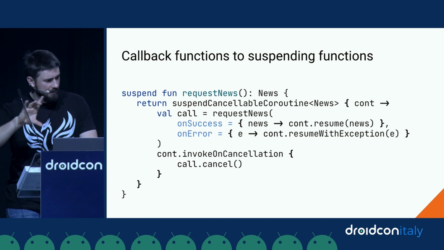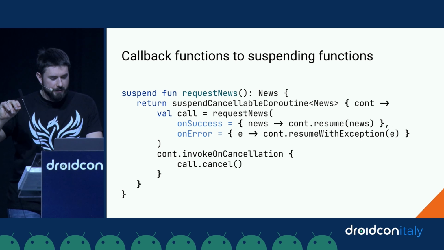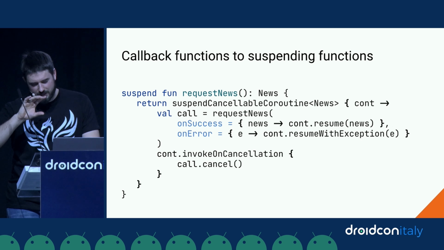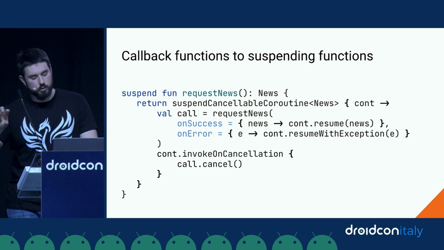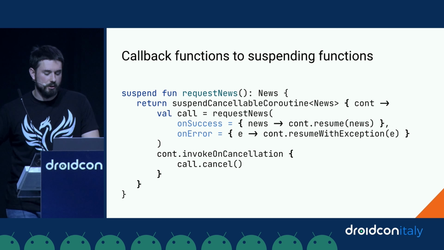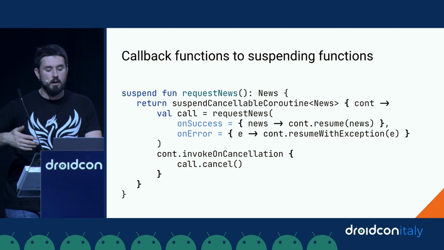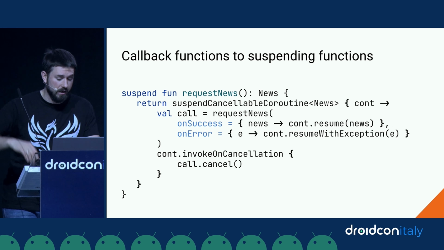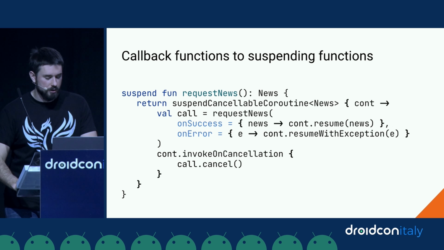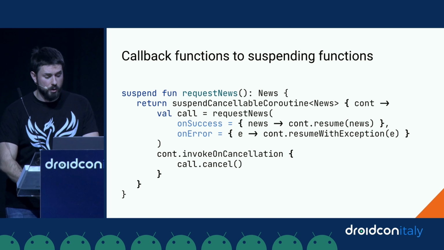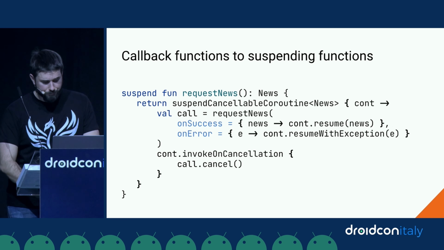In this block, we can start a callback function, and we can specify how our coroutine should be resumed. On success, resume with a value. On exception, we can also resume with some Result failure, or resume with exception, which means throwing an exception out of the suspension point. You should also remember to call cancel in invokeOnCancellation.